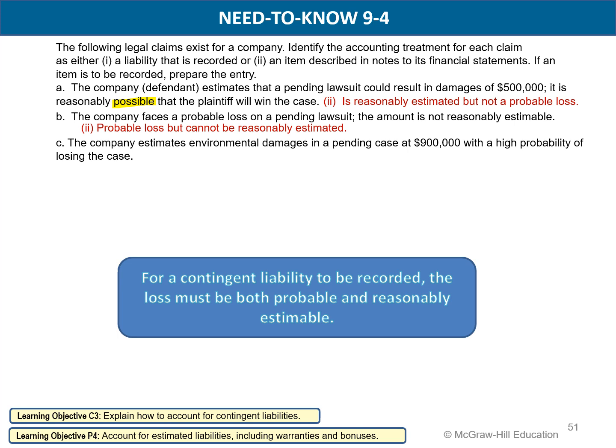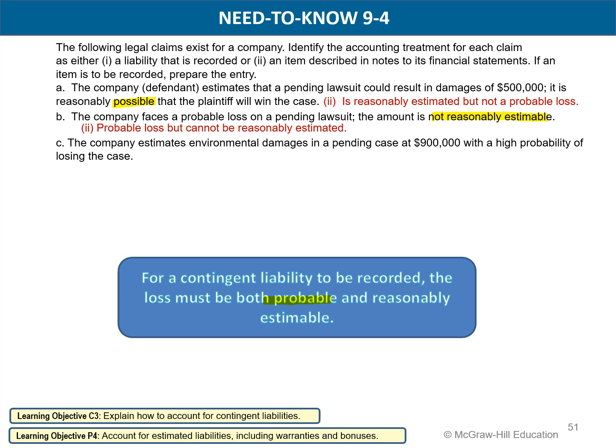In B, the company faces a probable loss. So in order to be recorded, it has to be probable, and, oh, it's not reasonably estimable. So in B, probable loss but can't be reasonably estimated, you don't have a contingent liability.